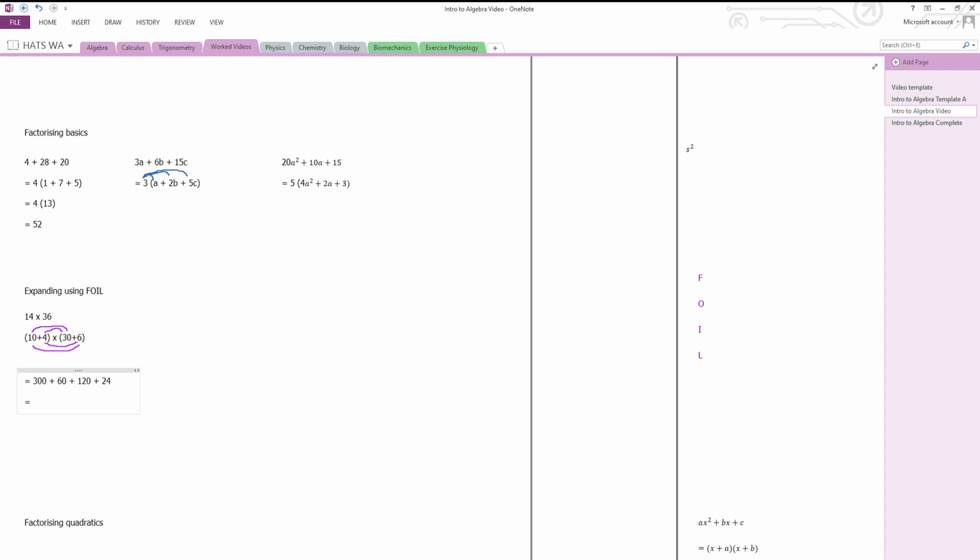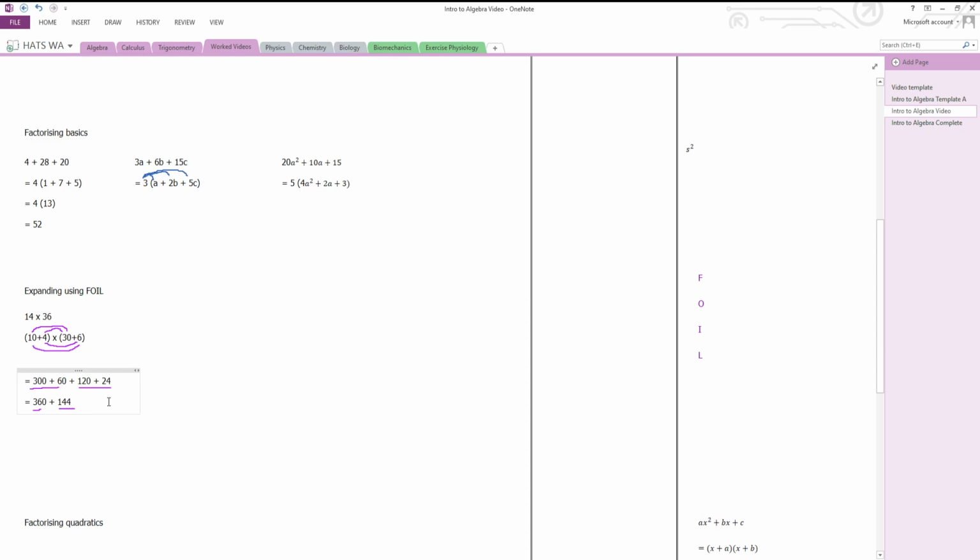We can then combine those, so we have 360 plus 144. All I've done there is combine the 300 and the 60 into 360, and then the 120 plus 24 into the 144. Just an easy simplification method.